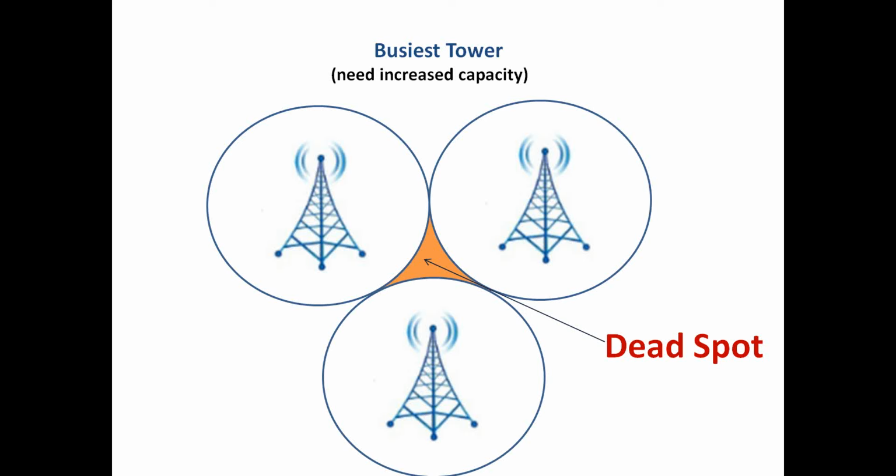So your service providers log all this information, using which they find out dead spots in the coverage. So if they can identify a dead spot, they can install an additional tower over there, thereby increasing the coverage and then the market. They can also find out which is the busiest tower or whether a particular tower needs increased capacity or not.